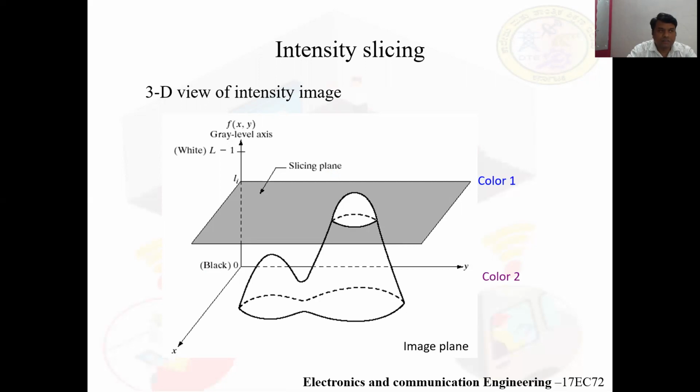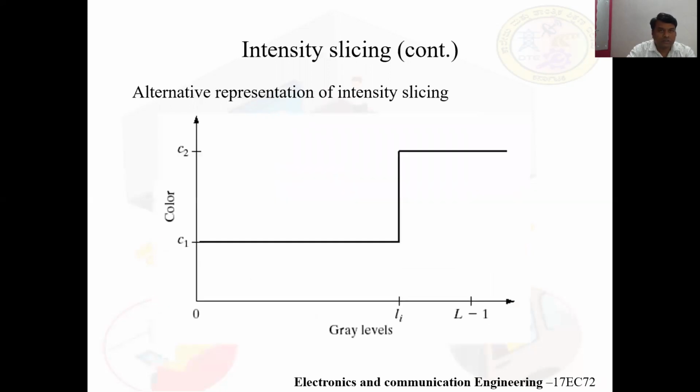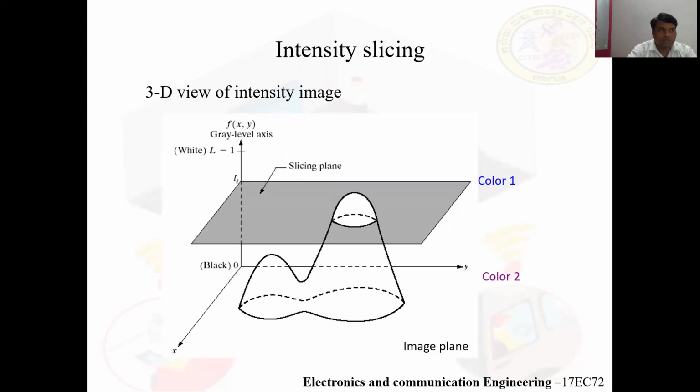Below this, in the image, you can see an example of using the plane at f(x,y) = l_i to slice the image function into two levels. Pseudo color image processing consists of assigning colors to grayscales based on specific criteria.